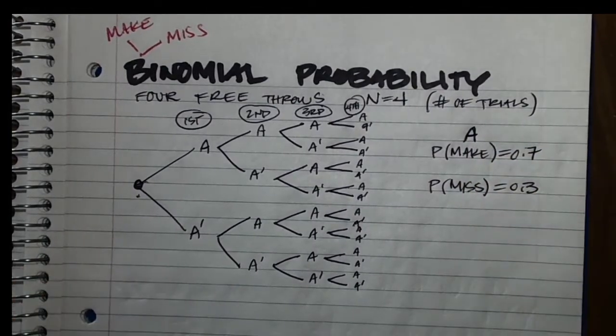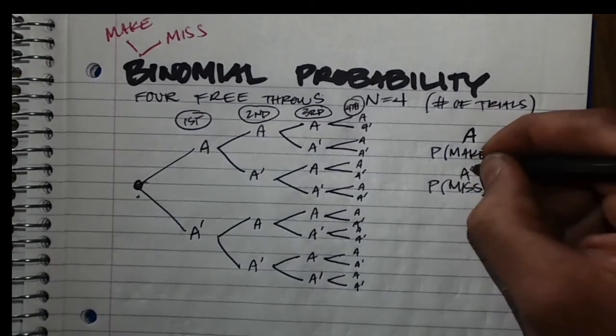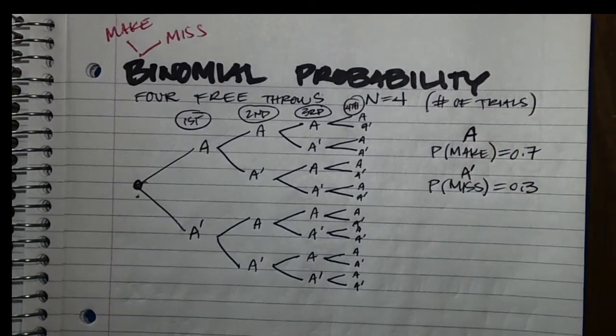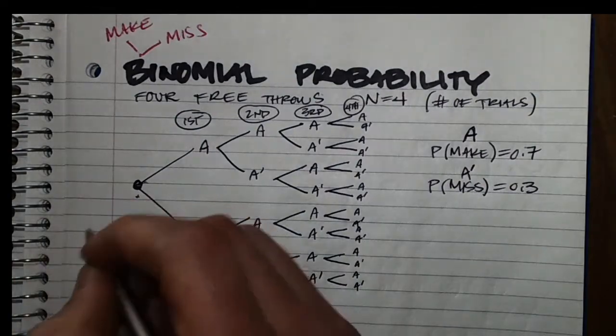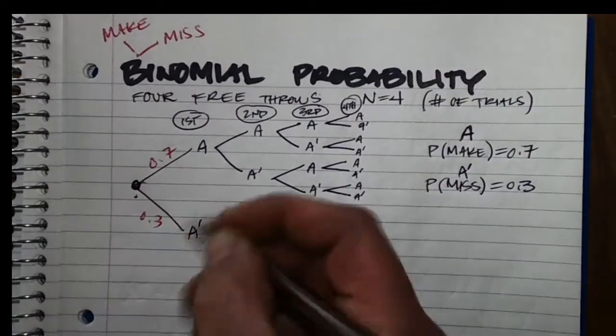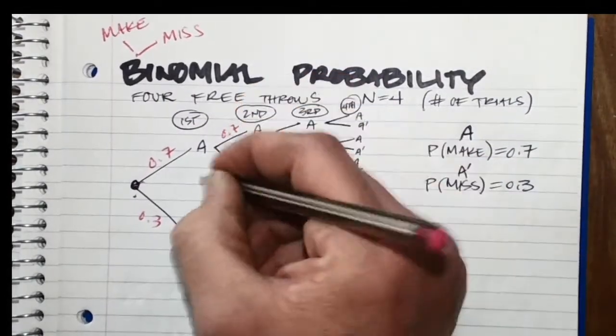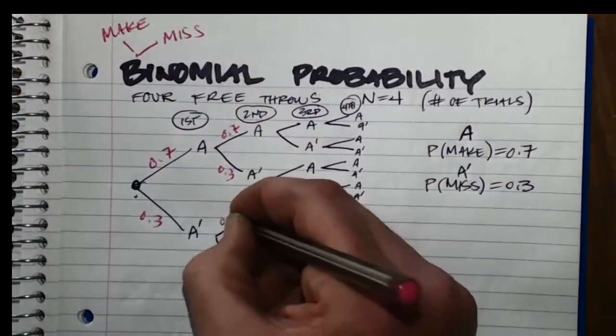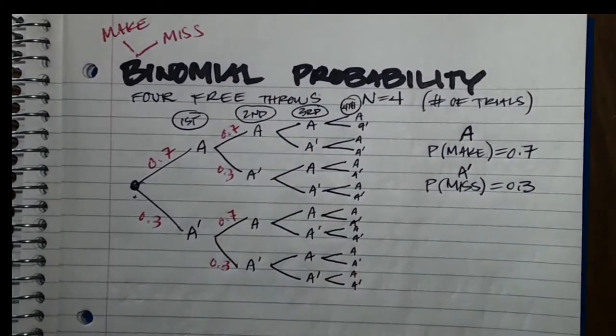They have to add up to 100%, of course, so this is what I'm calling not A. 0.7, 0.3, and beyond a couple of these, I'm not going to keep going because they can't even fit them in there. But they don't change. That's also important to these types of problems. Antonio's free throw remains the same throughout the entire season, so the percentages can't change as you go.